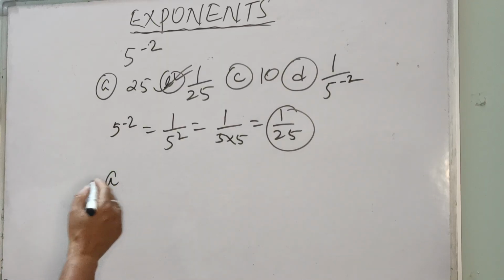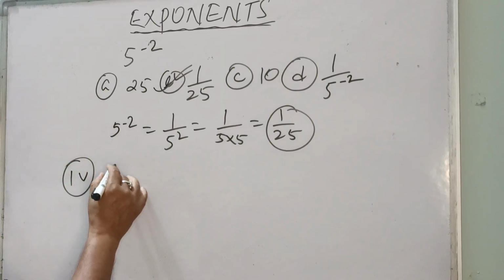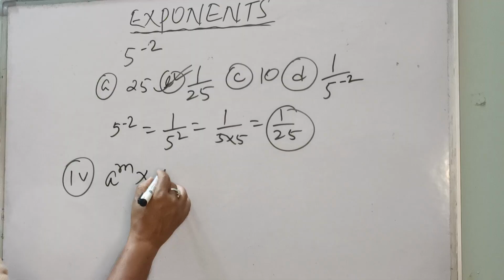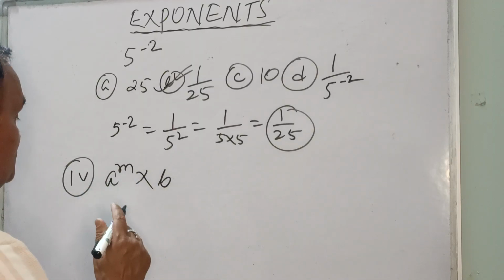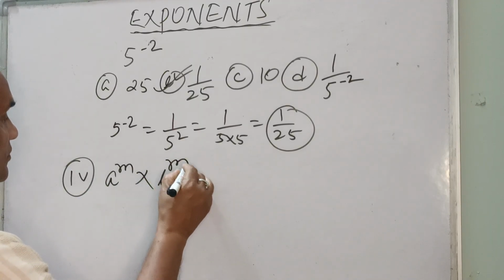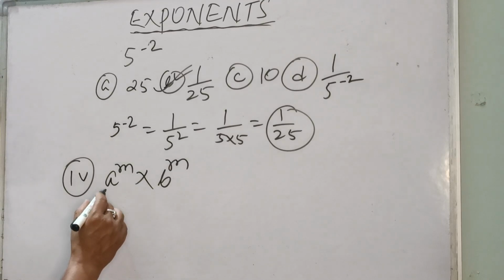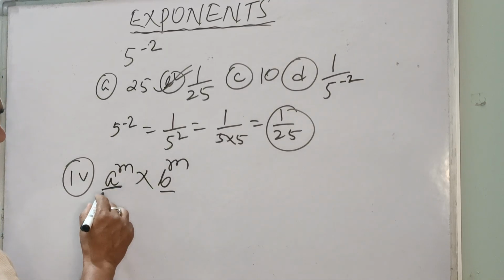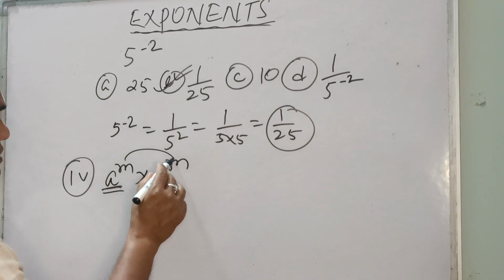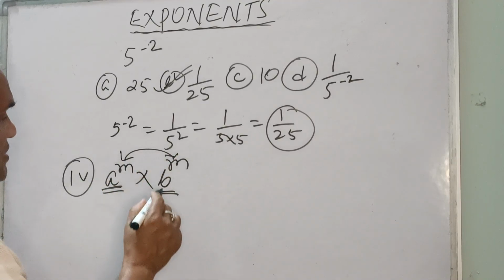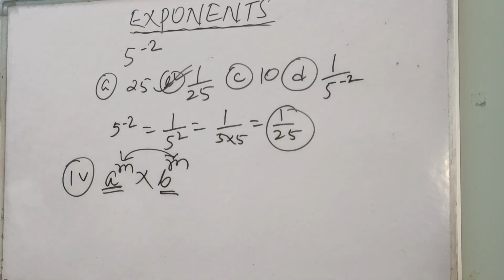This is the fourth law of exponents. Here the base is different but the power is same. Just look into this matter. If the base is different and the power is same, in this case what will you write?